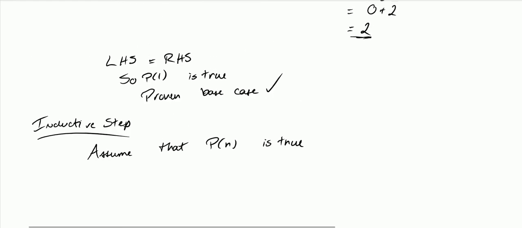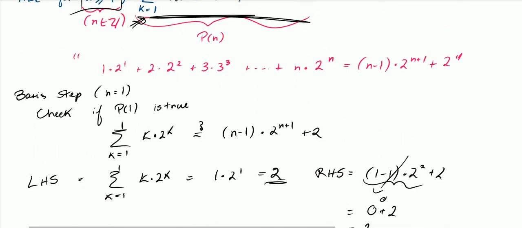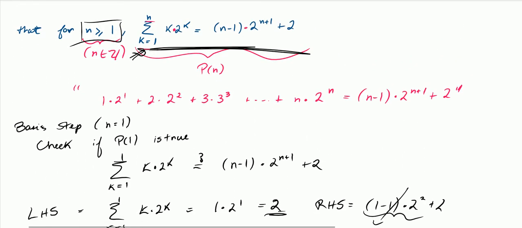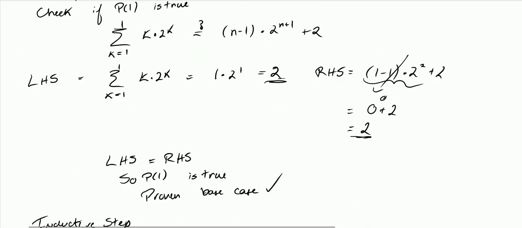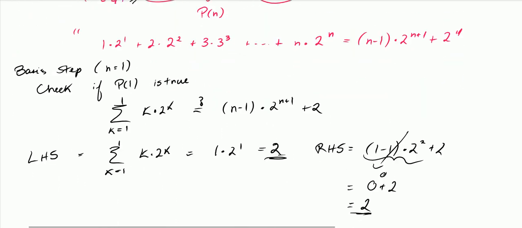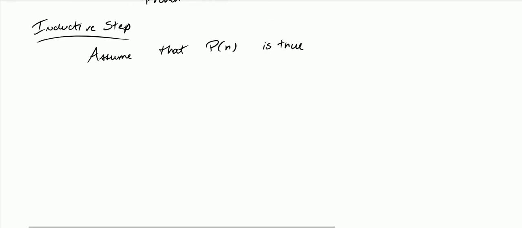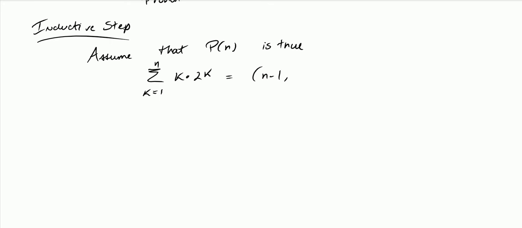In this case, Pn was that sigma k times 2 to the k is equal to (n minus 1) times 2 to the n plus 1, plus 2. So sigma k equals 1 to n of k times 2 to the k is equal to (n minus 1) times 2 to the n plus 1, plus 2.